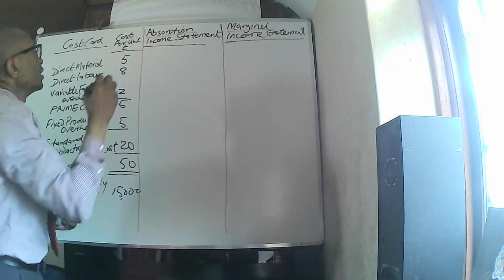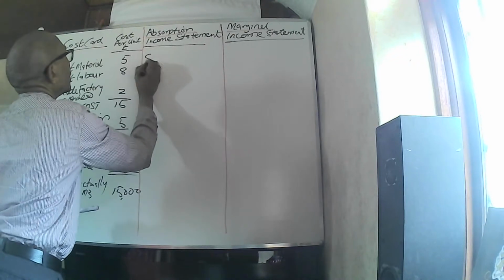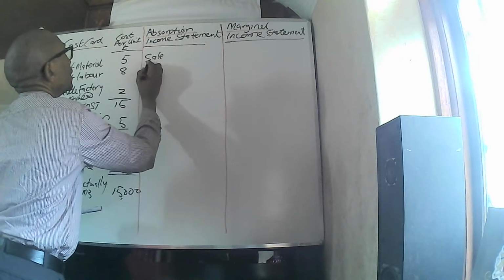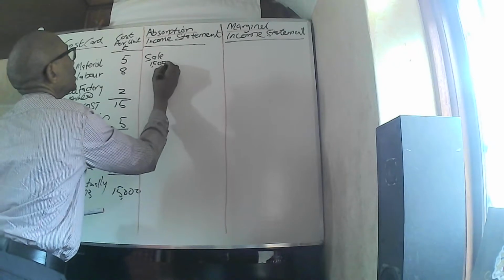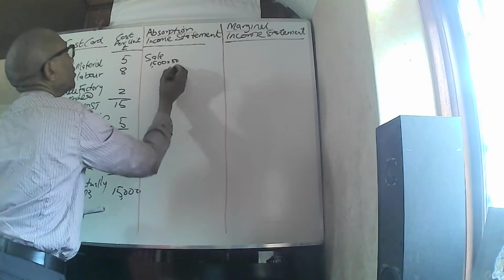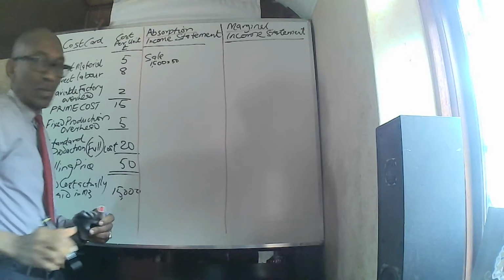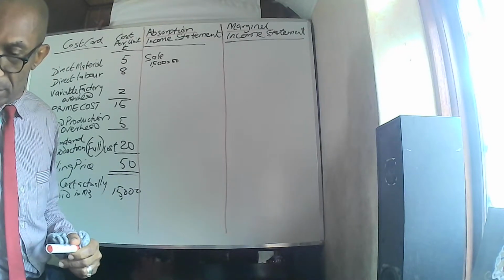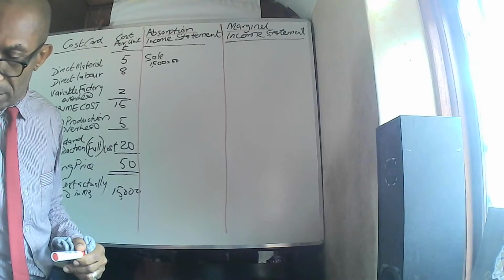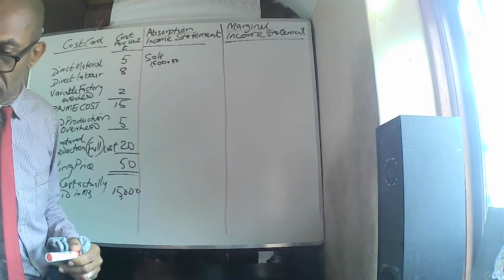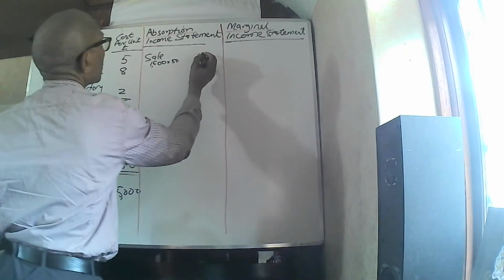So we are told that sales is 1,500 at £50 per unit will give us 75,000.